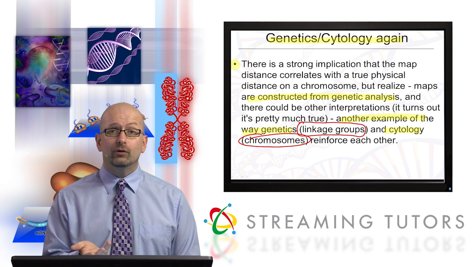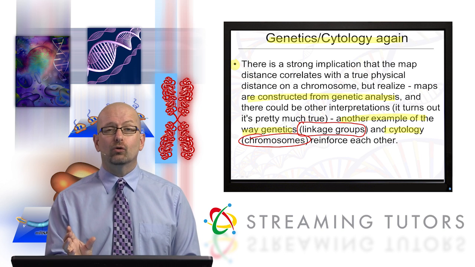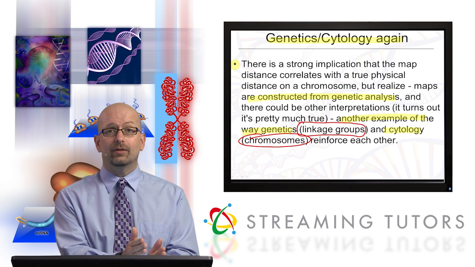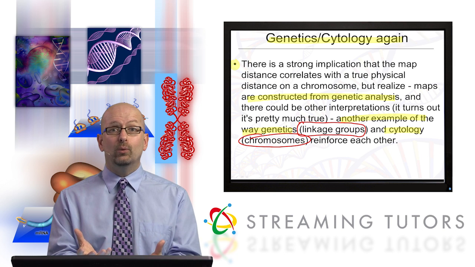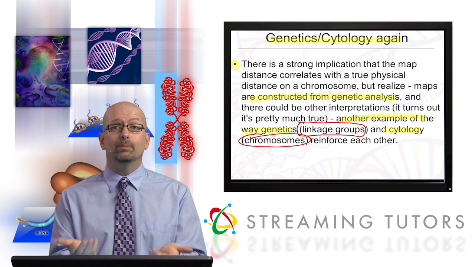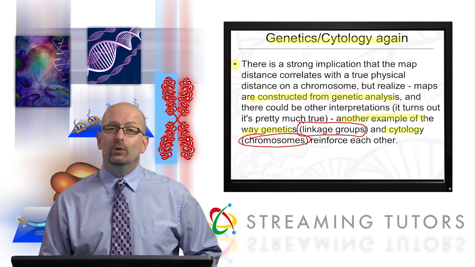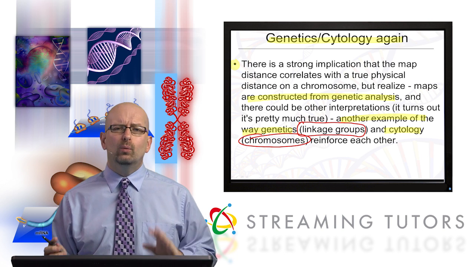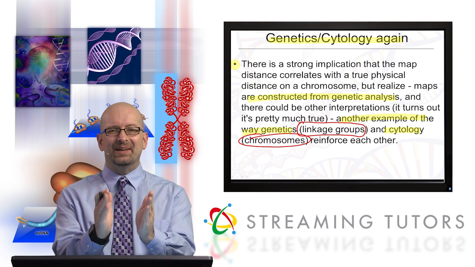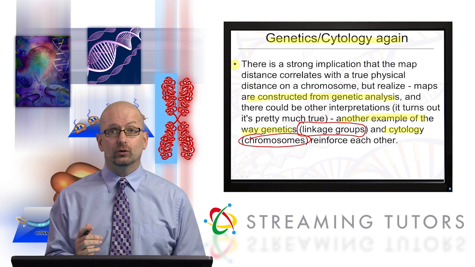It has been discovered that there are certain places that are called hotspots for crossing over, where more crossing over, for whatever reason, occurs in this region than it does in that region. You can see how that would affect this idea that a map unit's simply a definite distance and that's it. So we don't want to take it too much further than that. All other things equal, it's a good idea to think that the map unit is pretty much like a physical distance.